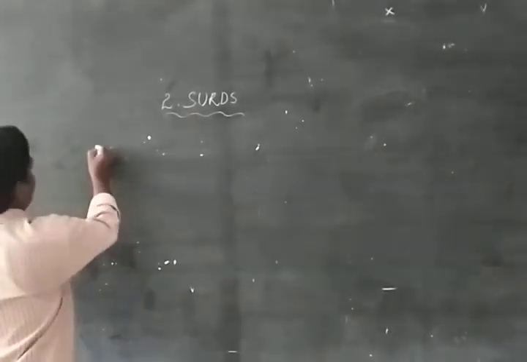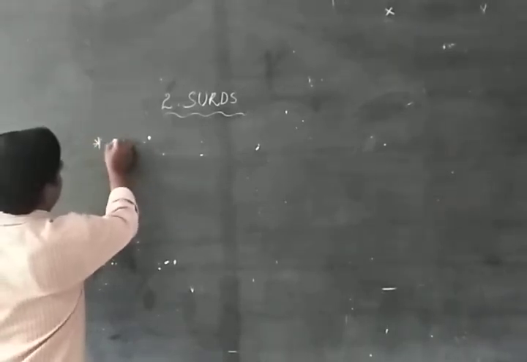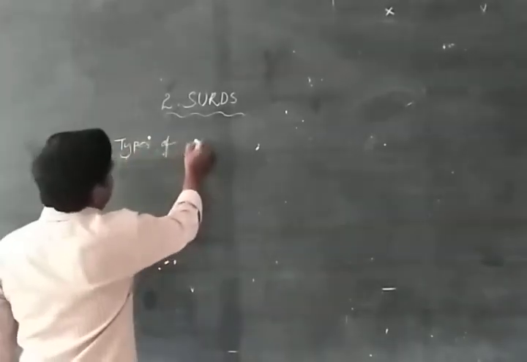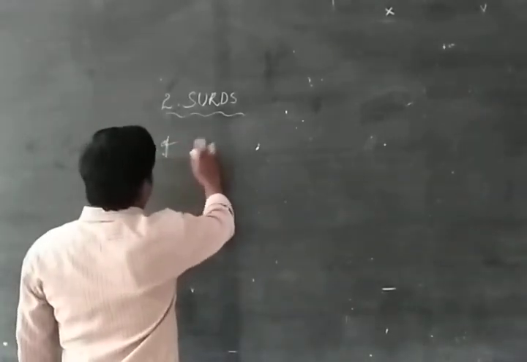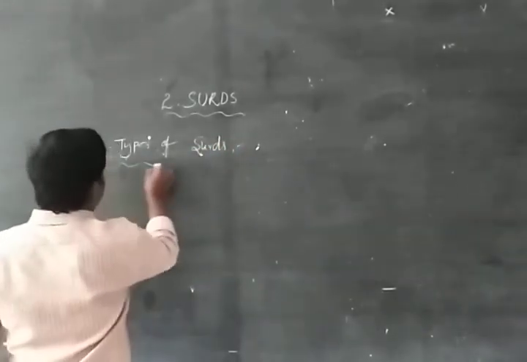So we have here some types of surds. What are those?